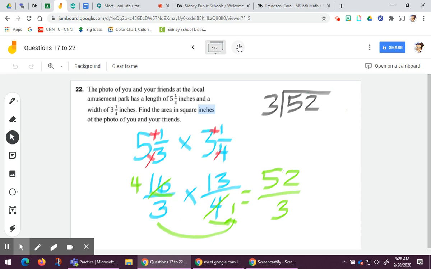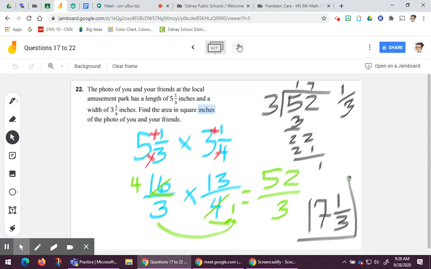One set of 3 will go into a 5. 3 times 7 gives me 21, so that's as close as I can get. And now I have a remainder of 1, which means I have 1/3 left over, one of those thirds left over. So my answer here is 17 and 1/3. Right?